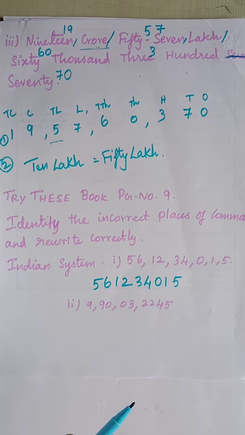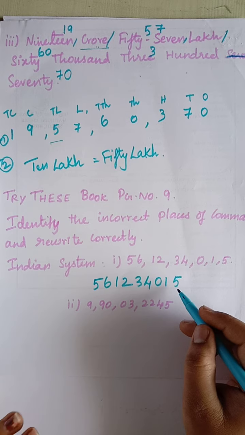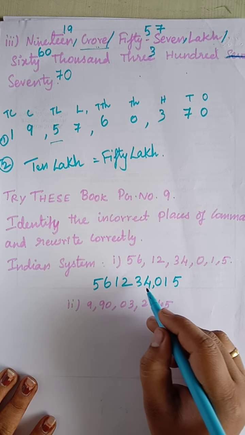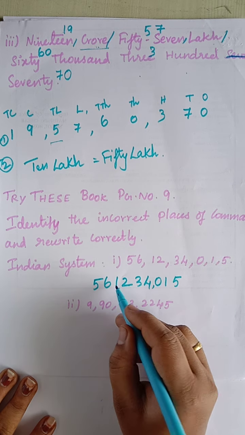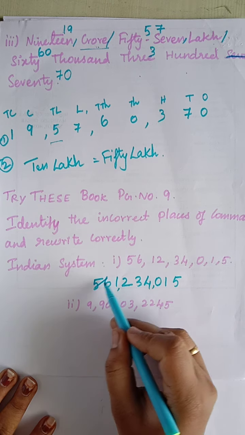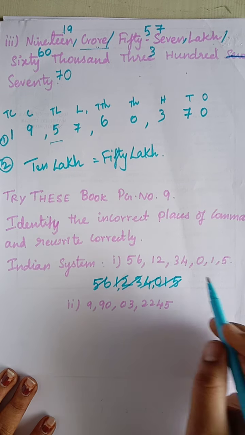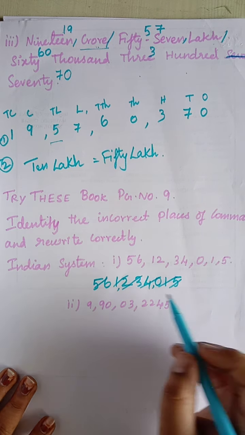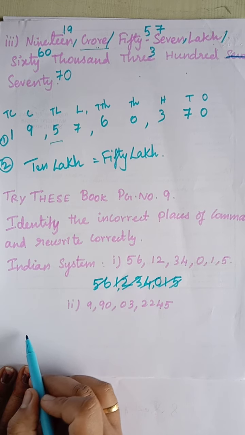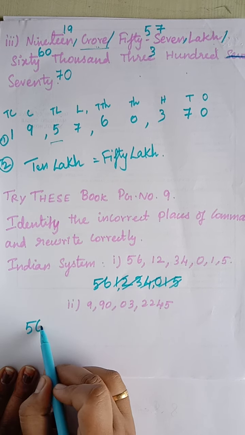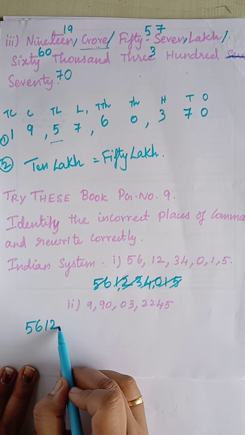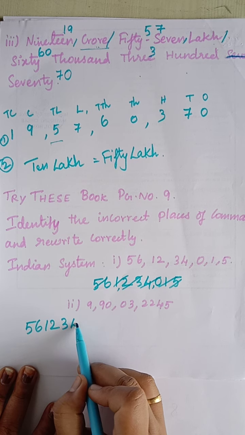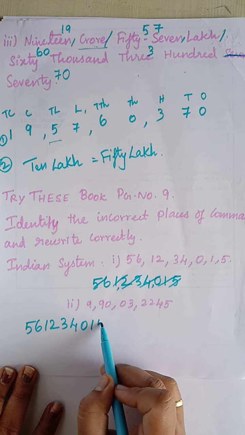So Indian system means what we have to do, we have to count it as 1 2 3 comma 1 2 3 comma, sorry. So how will we change? So first take that number and write it. Here I am going to write. So 5 6 1 2 3 4 0 1 5.